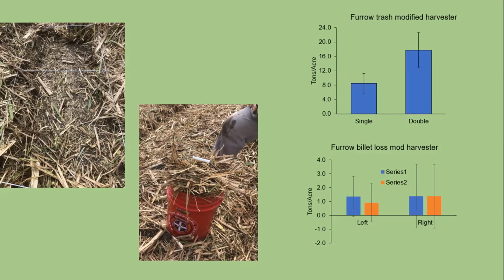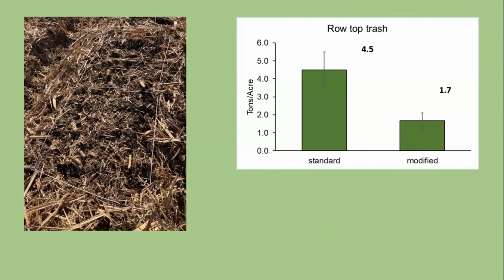compared to the conventional harvester, right about a ton of billets being lost, which compares favorably to the conventional harvester that wasn't modified. We also measured row top trash compared to the standard harvester. That was about 4.5 tons on top of the row.